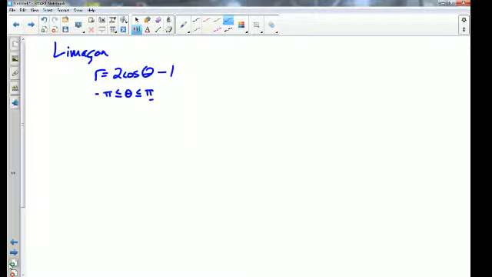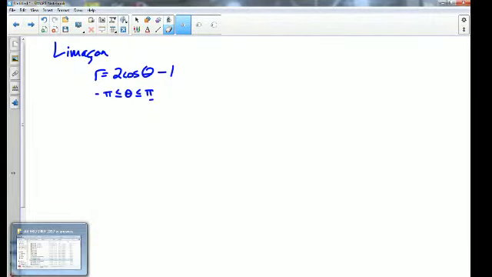So that's why we would stop there and start here. So let's set up a table and just plot some points and see where it goes.